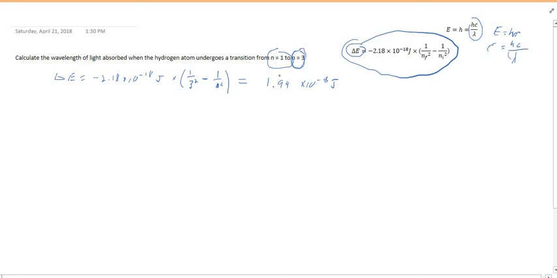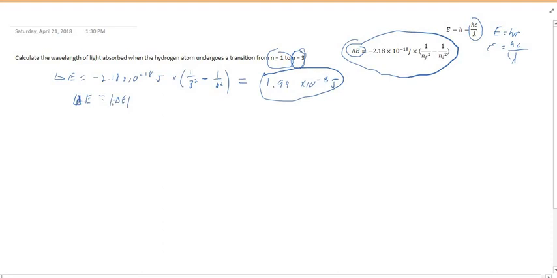And it's positive in this case because we know that when energy comes into a system, we already know from our thermodynamics that it is going to be a positive number. And then it's also just kind of important, though not crucial for this, to know that the energy I'm concerned with for that photon is the absolute value of this change in energy.